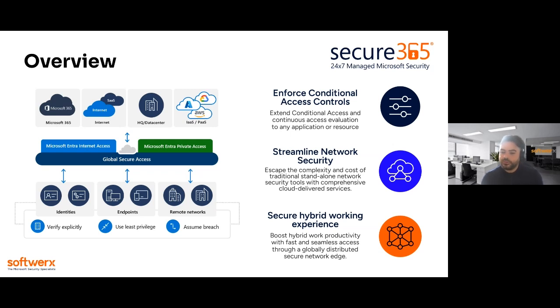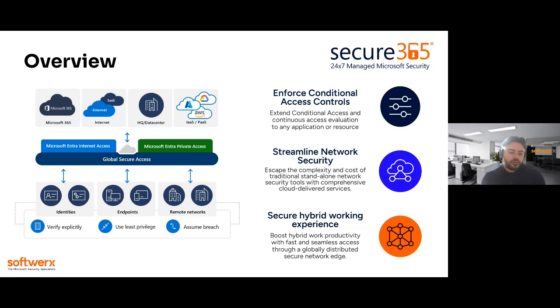Same with the endpoints. The VPN is not aware if that endpoint has a medium or high device risk score. Is it compliant? Is it enrolled? It's not aware to that level, and that causes a threat. If the VPN is breached and someone gets control of that, then ultimately they've got a straight dedicated tunnel to the internal network. So Global Secure Access is all built around that ZTNA platform.